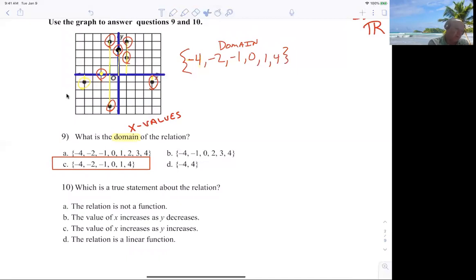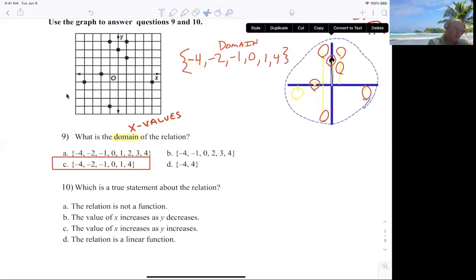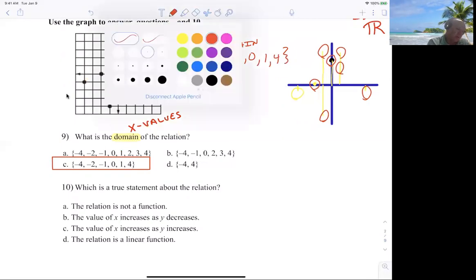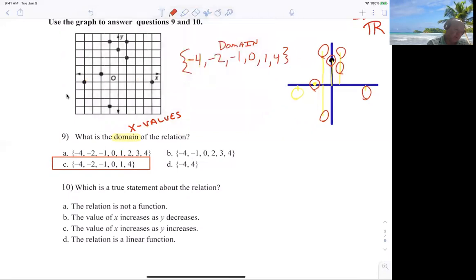Okay. So now we have to remember, how do you determine if a relation is a function? A relation is a function if the x coordinates are used only once. The other thing I want to remind you of is the vertical line test, which basically means if you pass a vertical line throughout the graph, there's only one point that passes through that vertical line.